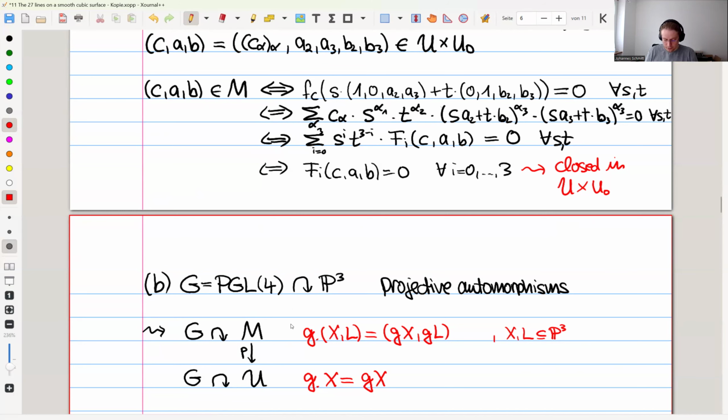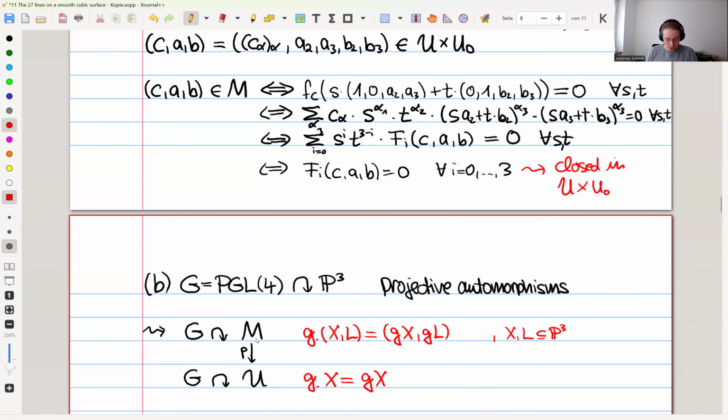You just apply this automorphism and you still get a cubic surface, you still get a line. And so this defines a well-defined action. And then this map P, if you also act just downstairs on the cubic surface by moving it around, then this becomes an equivariant map.